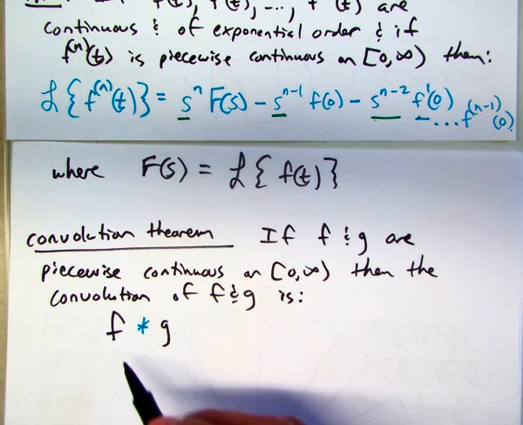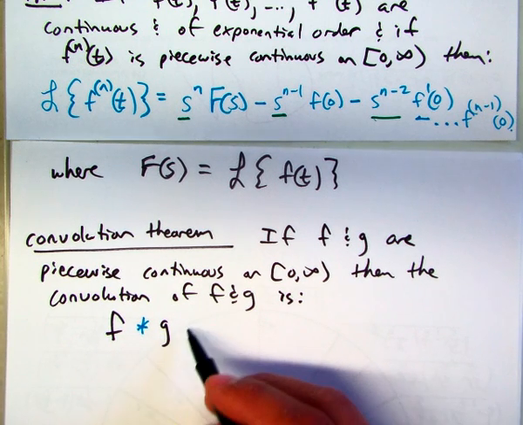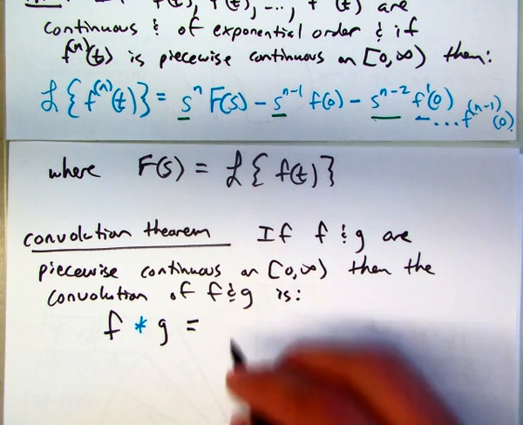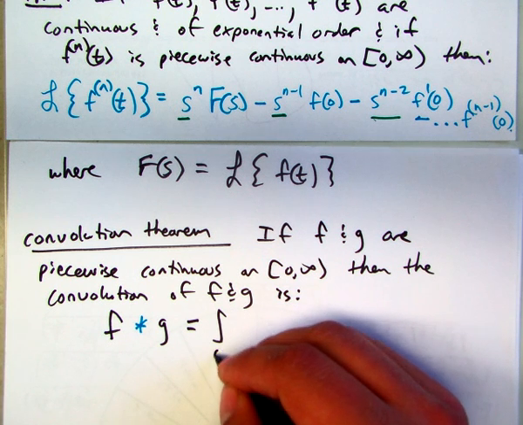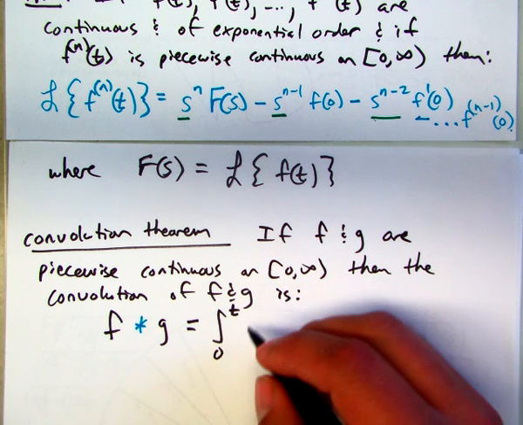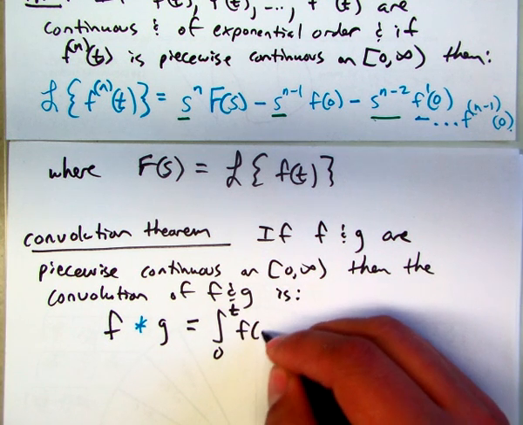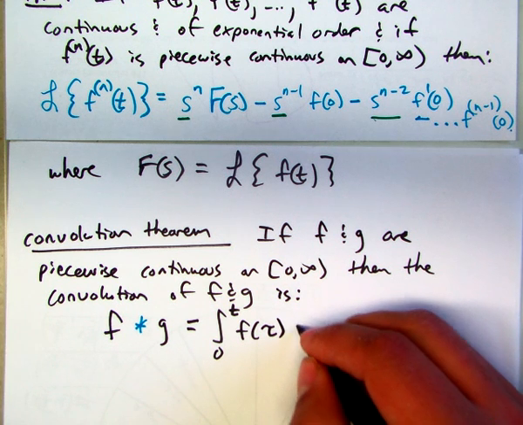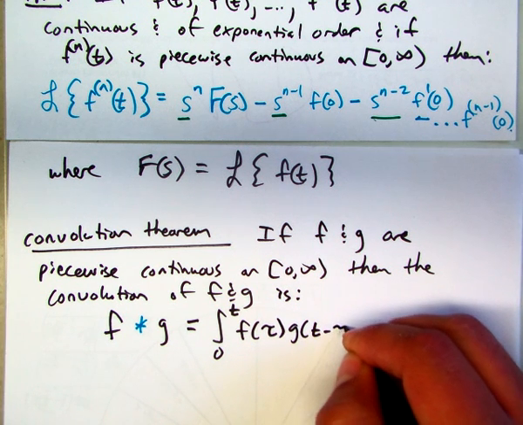So this means f is being convoluted with g, and the definition is to take the integral from 0 to t of f of tau, g of t minus tau, d tau.